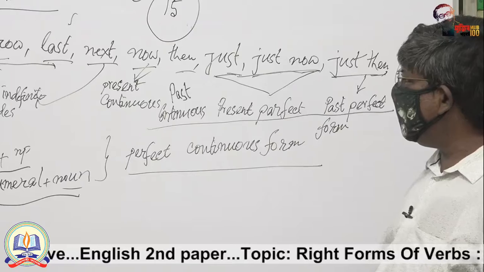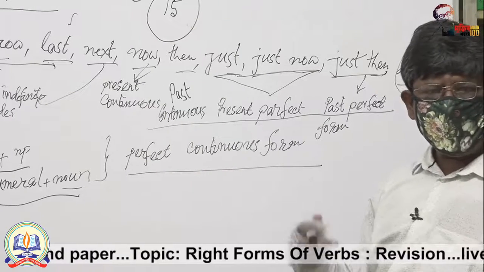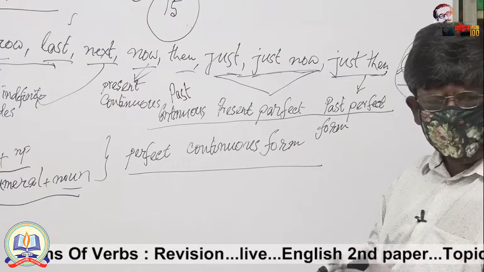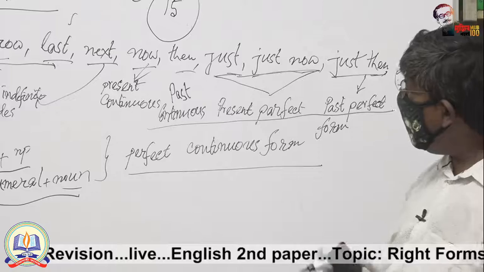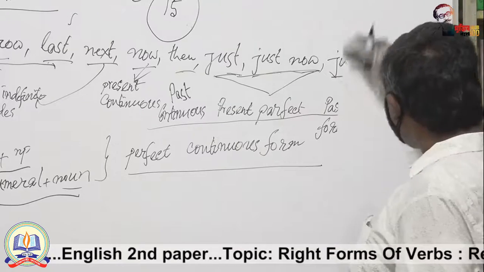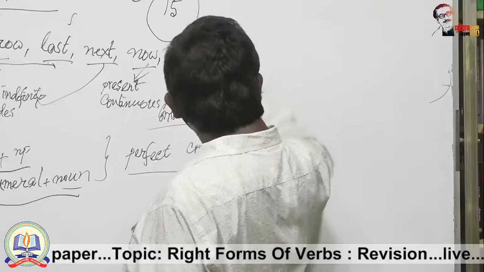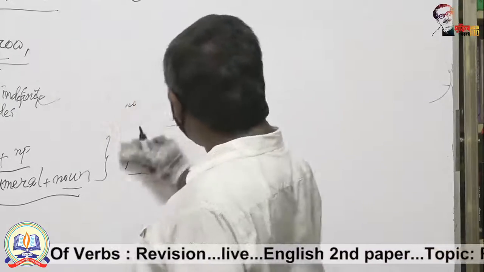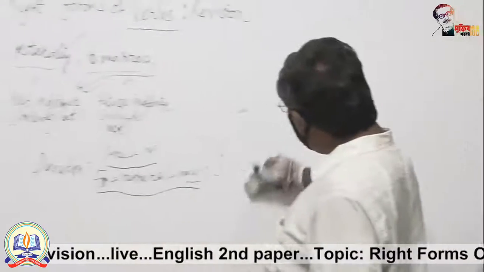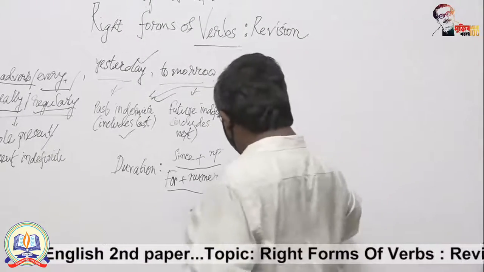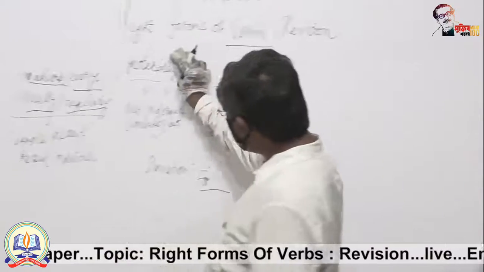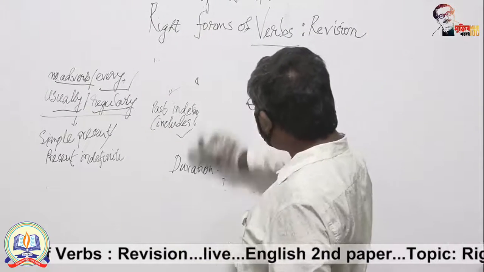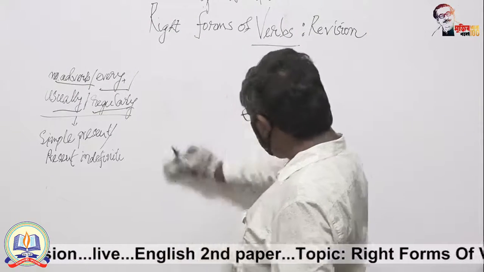Still, we have some different types of use of right form of the verbs. For example, I have already mentioned at the beginning of the class that we have 3 more verb forms other than the 12 tense forms, that is the non-finite verbs, present participle, past participle and the infinitives.